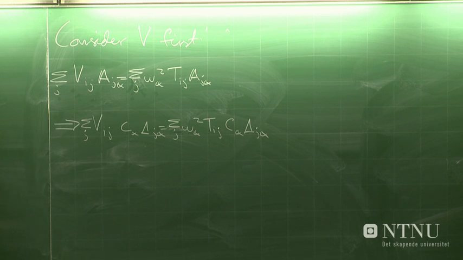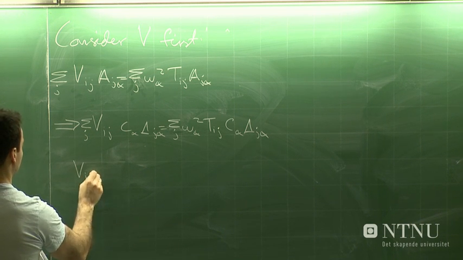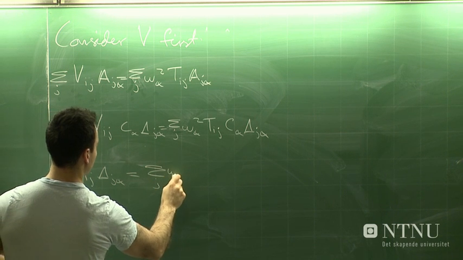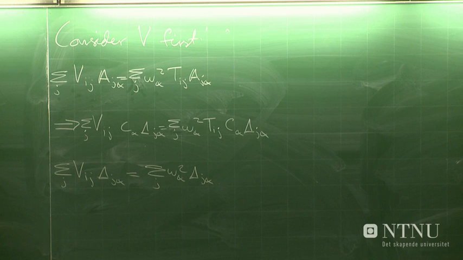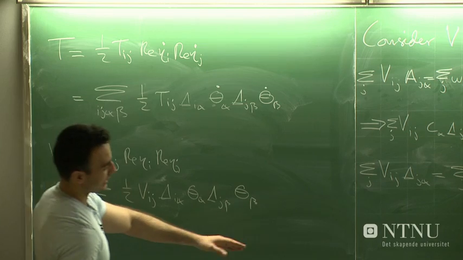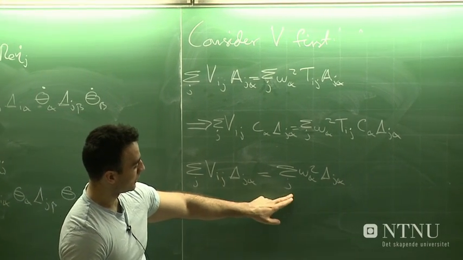Inserting for A, we obtain this. So I can cancel C alpha on each side, since it's just a constant. So why is this useful? Well, we see that we're now in a position where we can actually exchange the sum of V_ij delta j alpha for this.